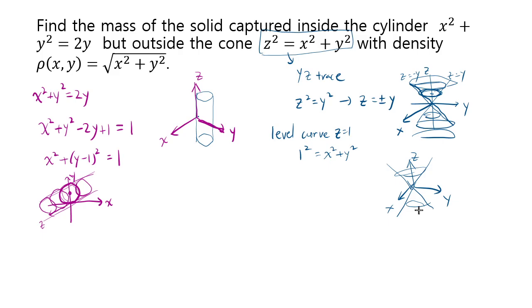Okay, so you get this cone, and what you're trying to do is put these two together. If you put them together, it'll be something like this. You have a cylinder that's touching the z-axis, and you get some kind of a cone. If you want the outside of the cone but inside the cylinder, it will look like this.